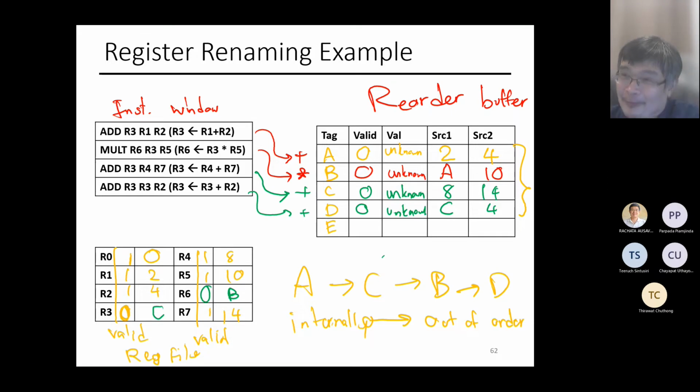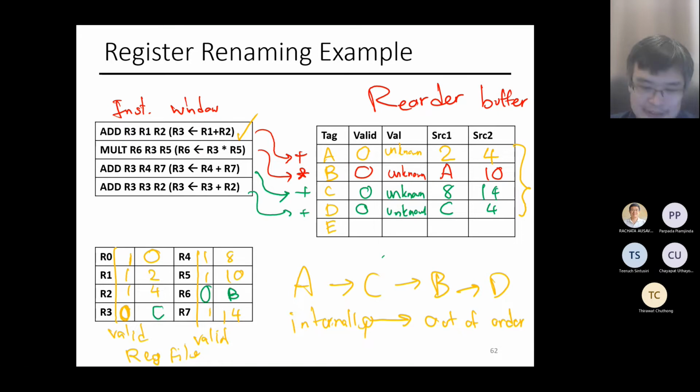Now it looks like data flow, right? Let's say I finish A. Let's say A is done. Yay, right? Tag A is done. What I have to do is, in the CPU, it would have a wire that connects to all the components that asks who needs tag A?